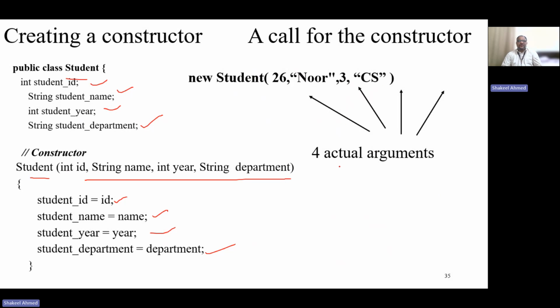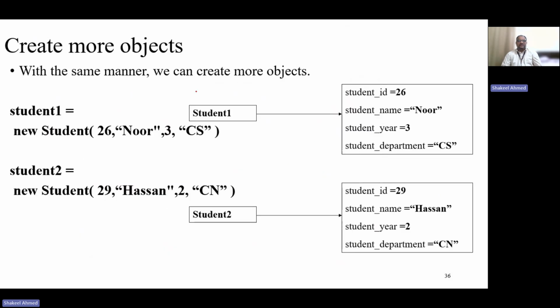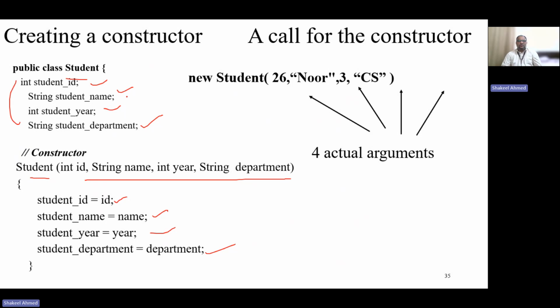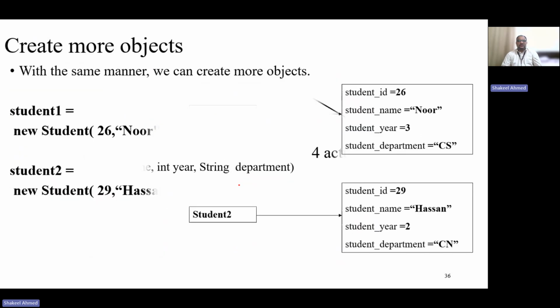So we have 4 different arguments based on the type of call that you are making. Similarly, we have 2 students, student 1 and student 2, each created with new, so you have 4 arguments in the class here. So you are creating a constructor, and you are calling the constructor here.